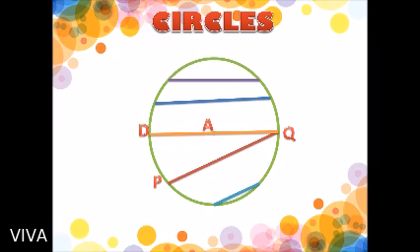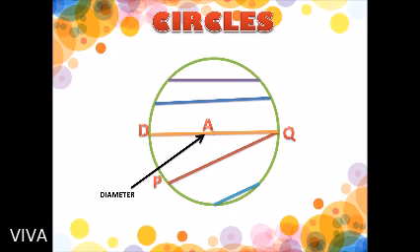What do we observe here? These are line segments with endpoints lying on the circle. But are these all diameters? No, not so. They may have endpoints lying on the circle, but they do not all pass through the center of the circle except for line segment DQ.